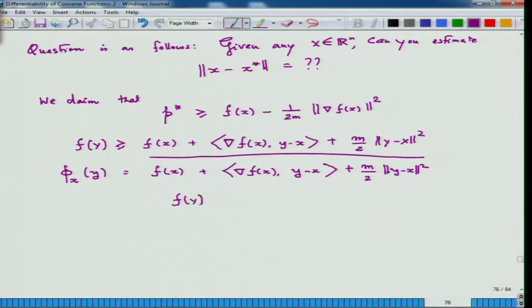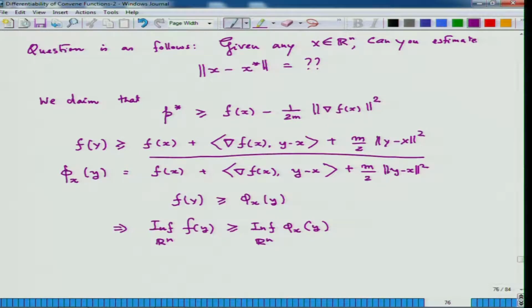So, f of y for a fixed x, this is true, and this would immediately imply that the infimum of f(y) over R n is at least the infimum of phi(x, y) over R n. This is anyway convex in y; the first part is affine in y and this part is strongly convex in y, so phi is a strongly convex function in y.